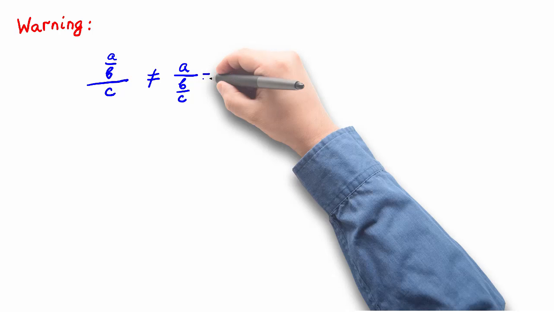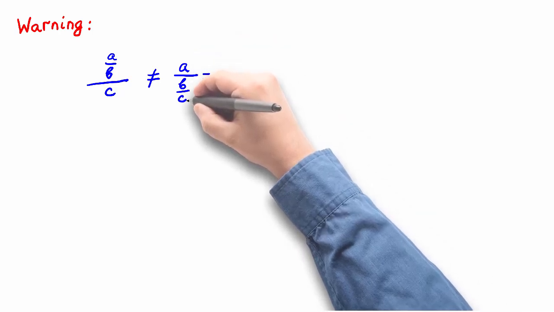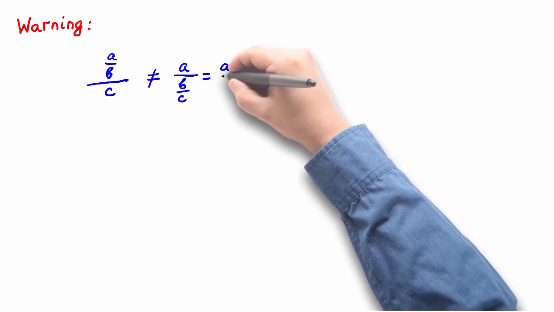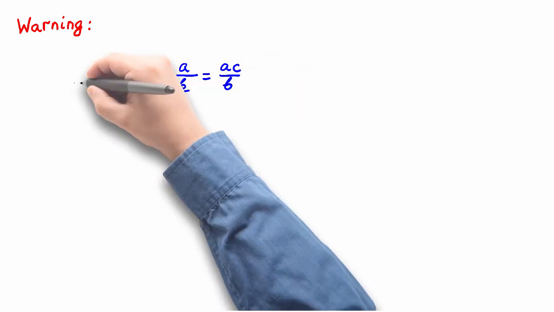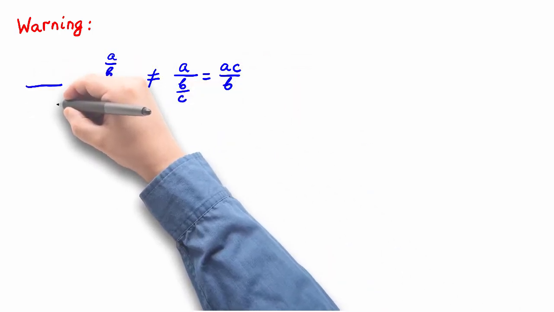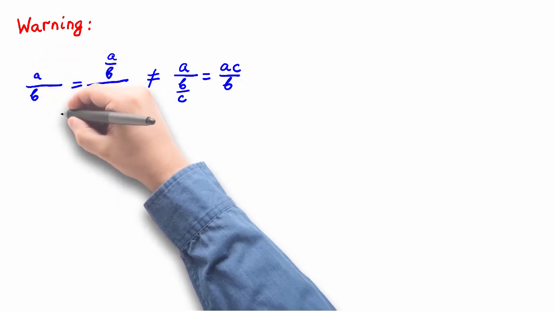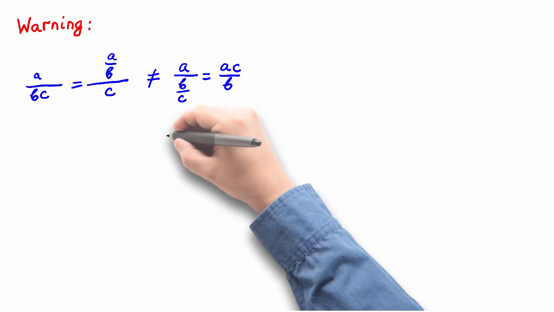Because this fraction, a divided by (b over c), is like a multiplied by c and divided by b. And this fraction is basically a over b, and then we need to divide by c. So it's a divided by bc, and those are completely different things.